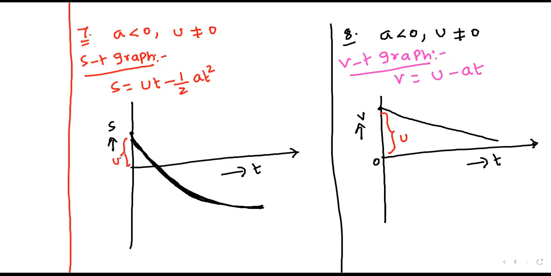The shape of the graph is a straight line having negative slope. Completed. Okay, fine. Next.